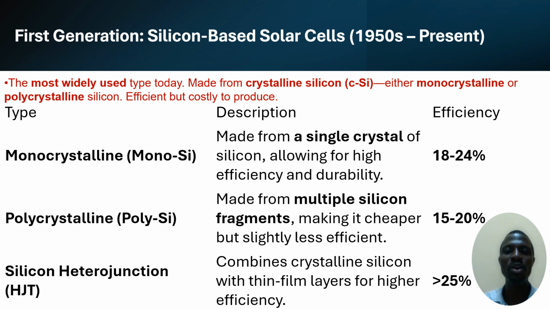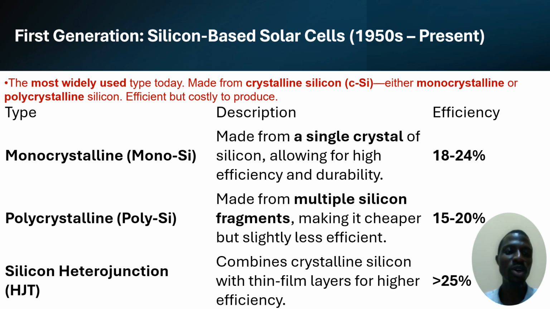Polycrystalline are made from multiple silicon fragments, and so the cost of production is actually cheaper. However, again, it is less efficient, not as efficient as the monocrystalline, and efficiency is between 15 and 20%.